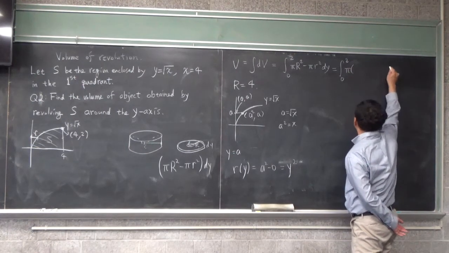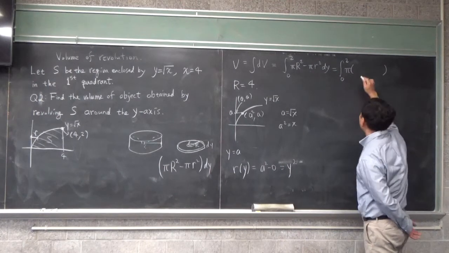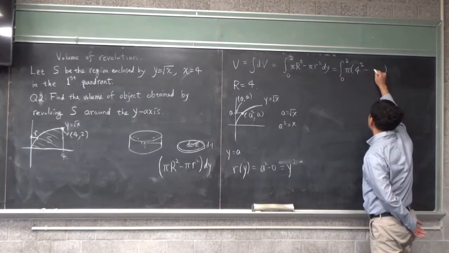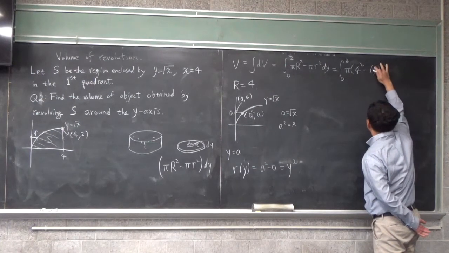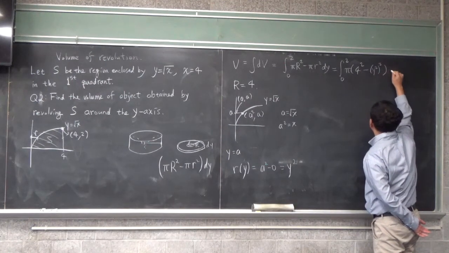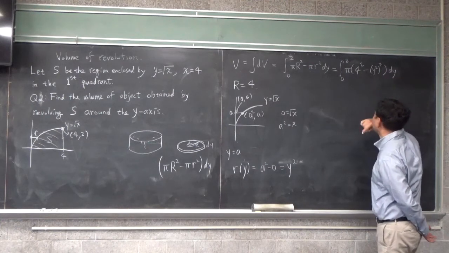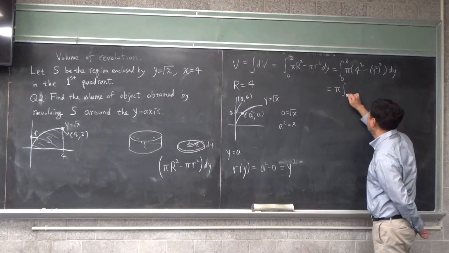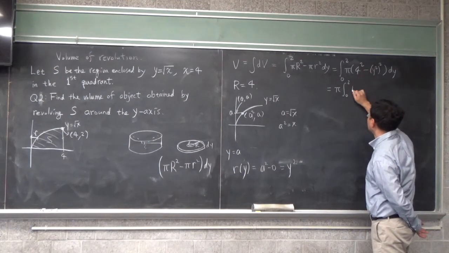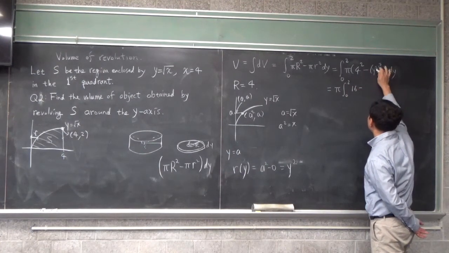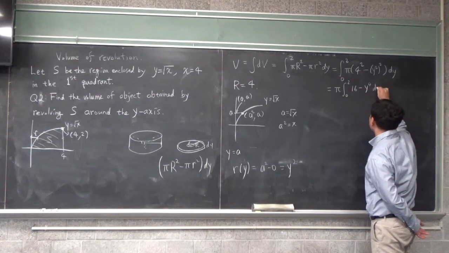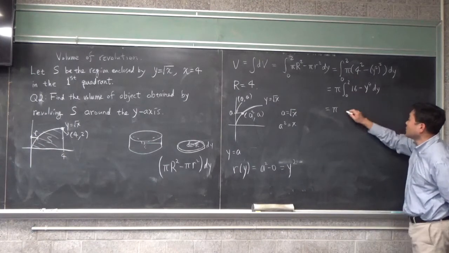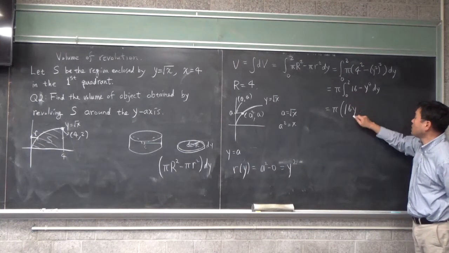You can factor the pi out. Capital R is 4, and small r is y squared, so it's y squared squared dy. Pull the pi outside the integral. 4 squared is 16, and y squared squared is y to the 4th, dy. Integrating 16 gives you 16y.